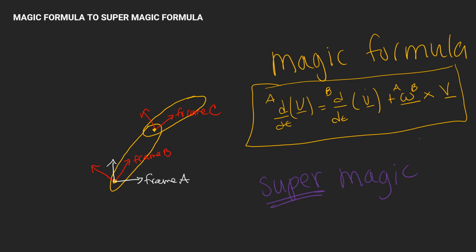And this formula is going to be very helpful when solving for the acceleration of a point when you're using multiple reference frames. And so in the remainder of the videos, I'm going to describe what the super magic formula is, how to derive it, and I'll go through some examples of how to use that to, again, make the calculation of acceleration a bit easier for you.